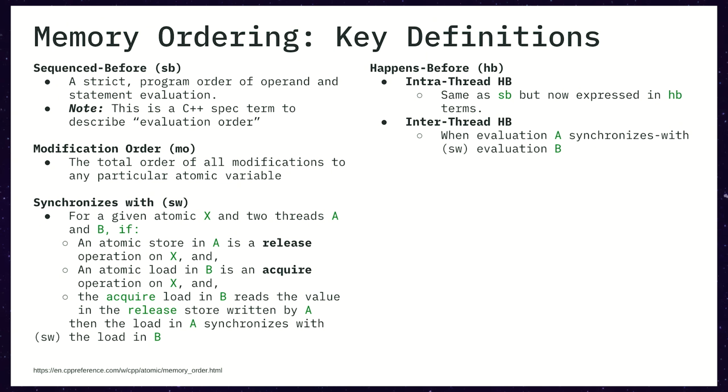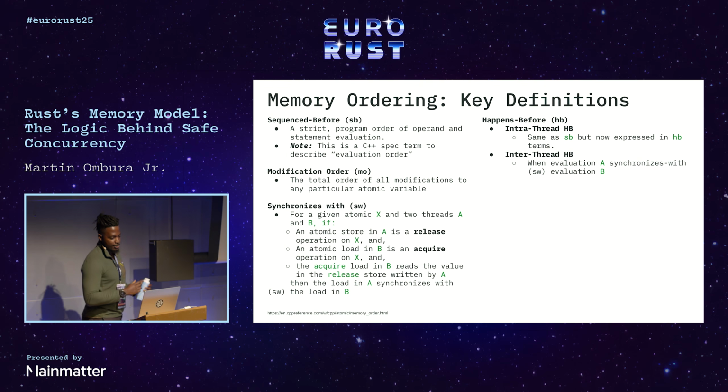And so for synchronizes with, if an atomic store in A is a release operation, and we'll talk about what release means, on X, and an atomic load in B is an acquire operation on X, and the acquire load in B reads the value in the release store written by A, then we can now say that A and B have synchronized. Lastly, we have happens before.